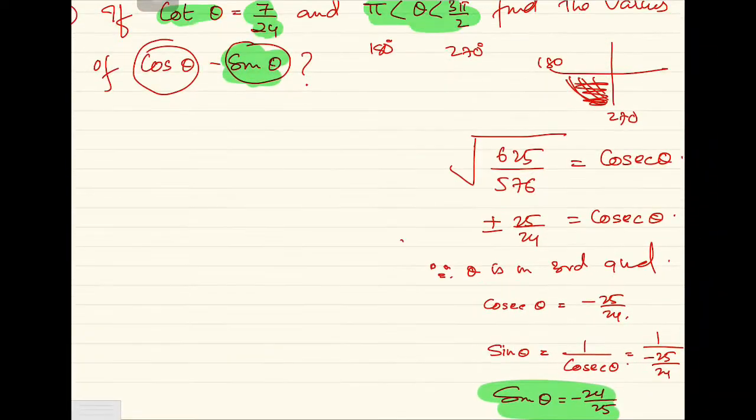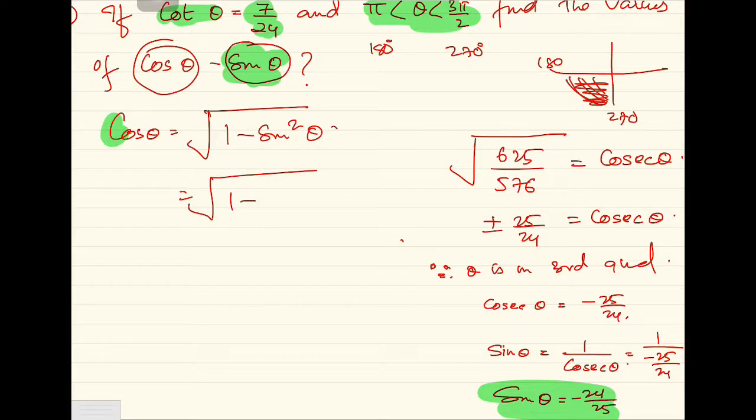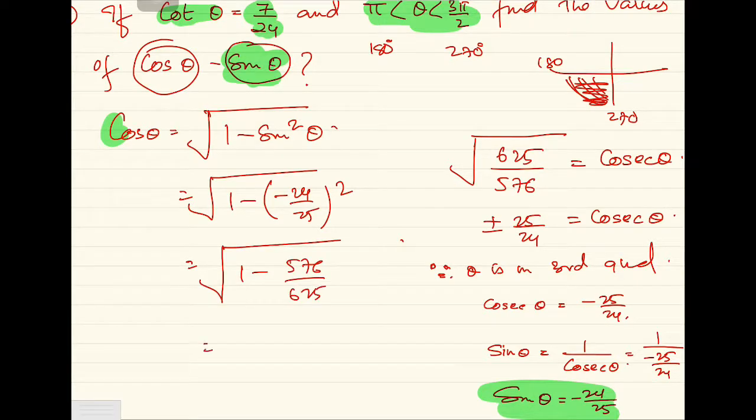How to find cos theta? Cos theta will be very simple. Cos theta will be under root 1 minus sine square theta. I can use this again. So that will be under root 1 minus minus 24 by 25 whole square, and that gives me under root 1 minus 576 by 625, and that gives me under root 625 minus 576 divided by 625, correct?